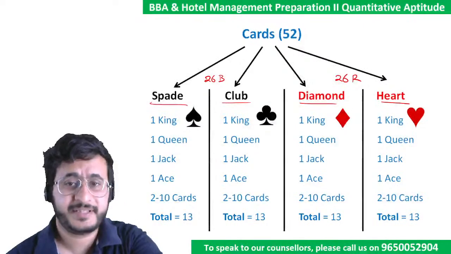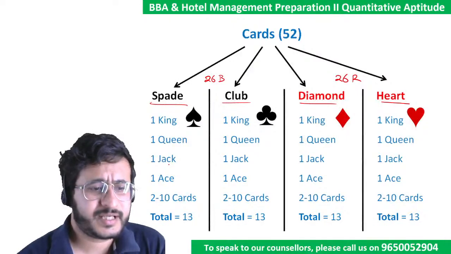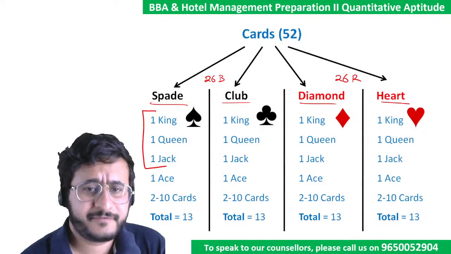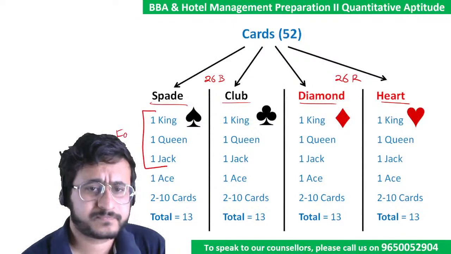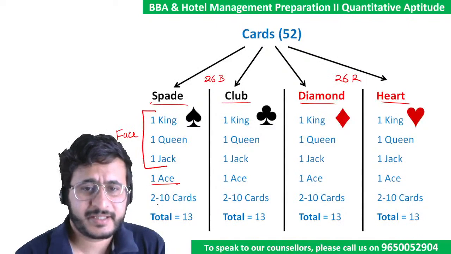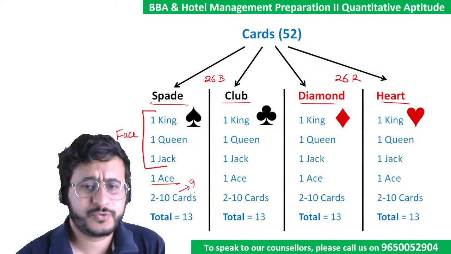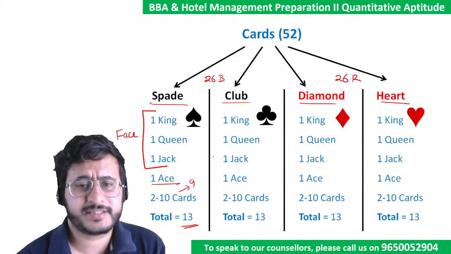And what are the cards within these? The cards are king, queen, jack. These 3 are called face cards. Then you have ace, and then you have nine numbered cards, which are 2 to 10. So a total of 13 cards in each suit.